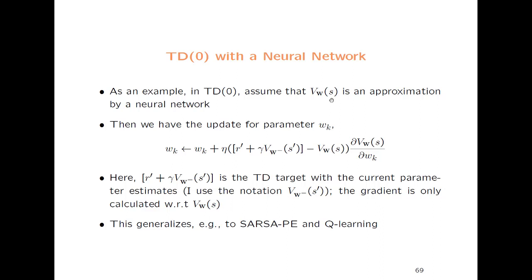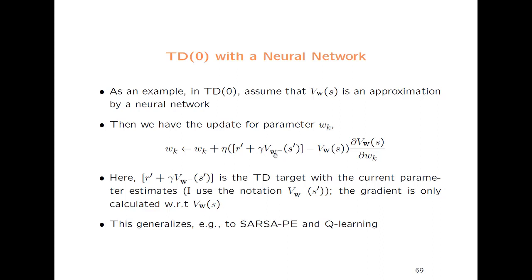And then we can do a parameter update for, let's say, WK. So WK would be one of these elements in this vector. It's the old one, plus learning rate, then the TD target, so R prime plus gamma times V of S prime of the following state.